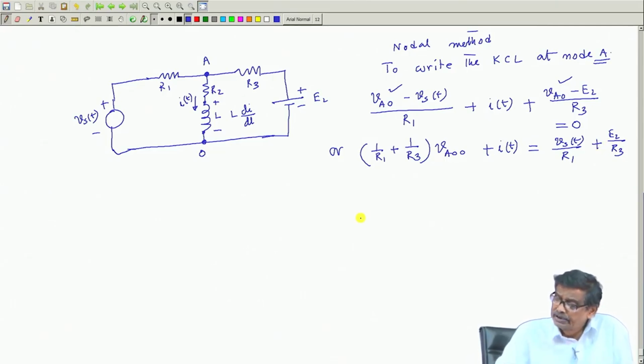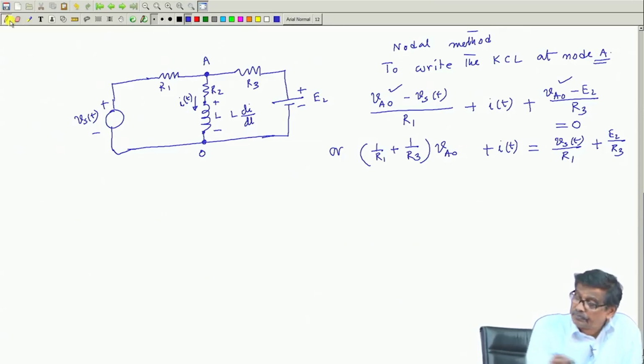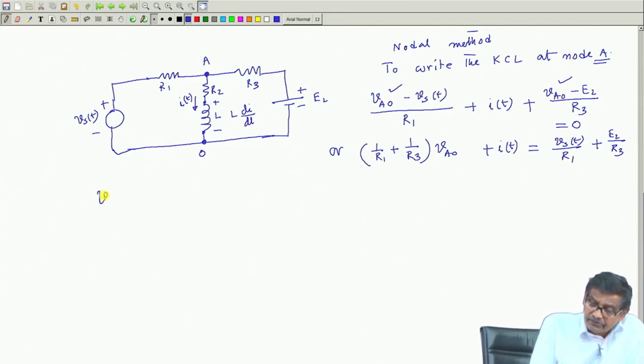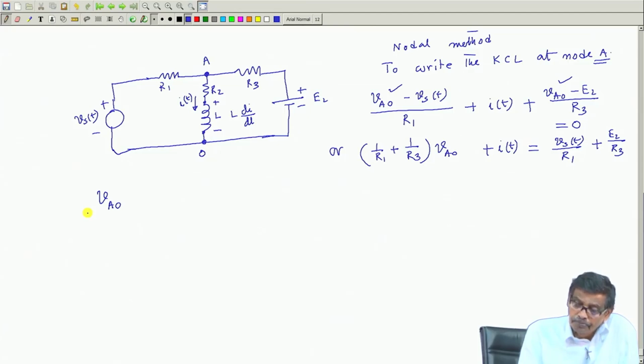So, it looks like there are now two unknowns apart from this VAO. I must know I. Now, I told you several times, to find the potential of point A with respect to O, you start your journey from O and reach the point A via any path you like.